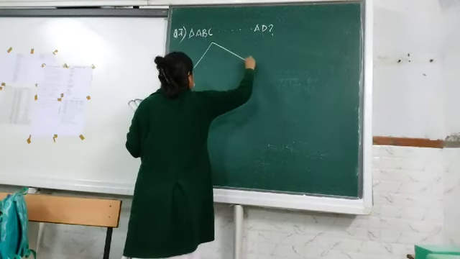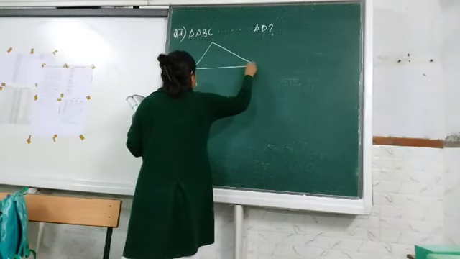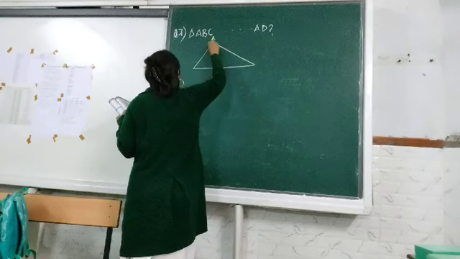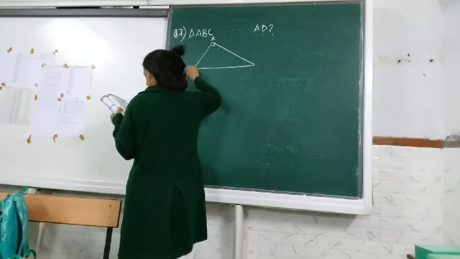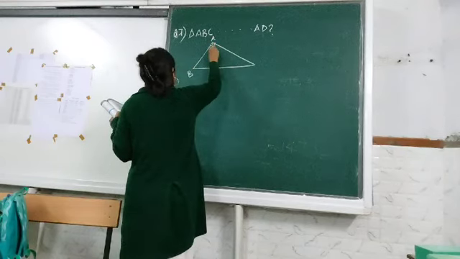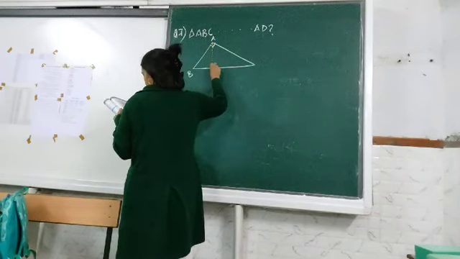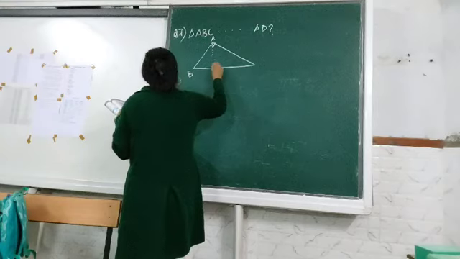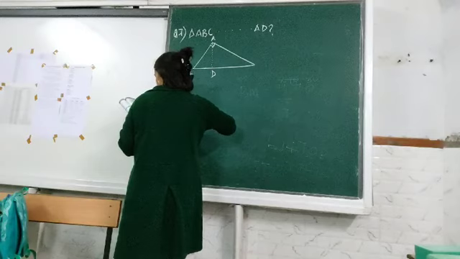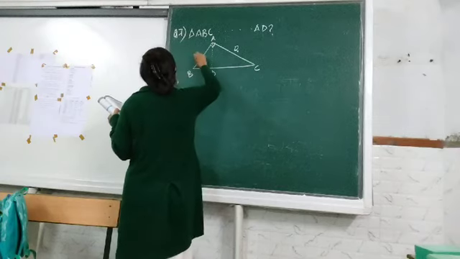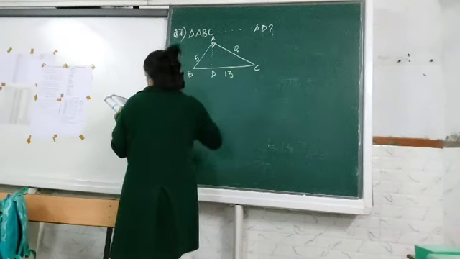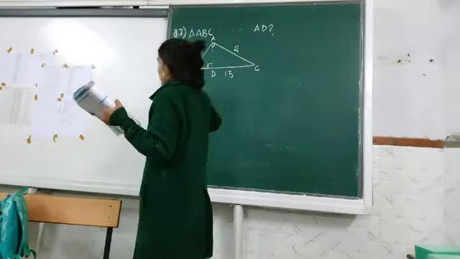So this is a right triangle, right angled at A. Start.